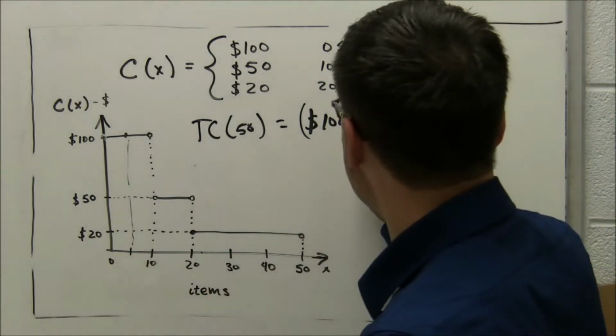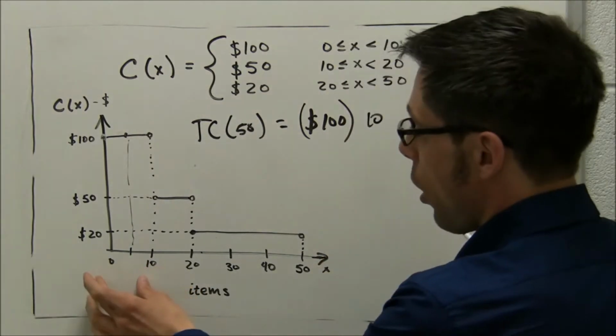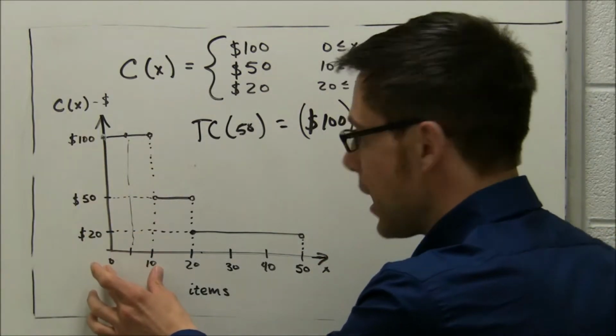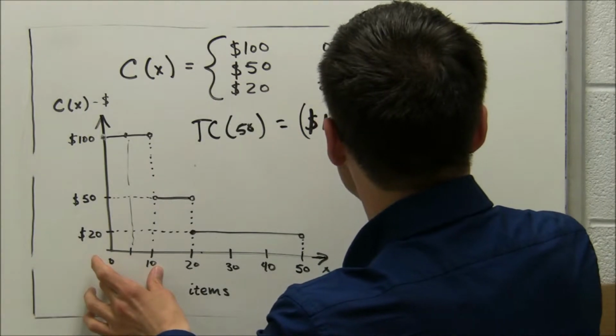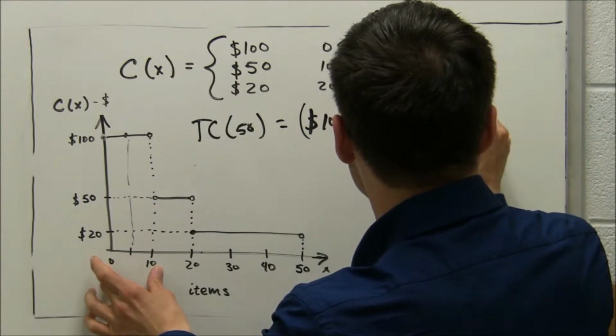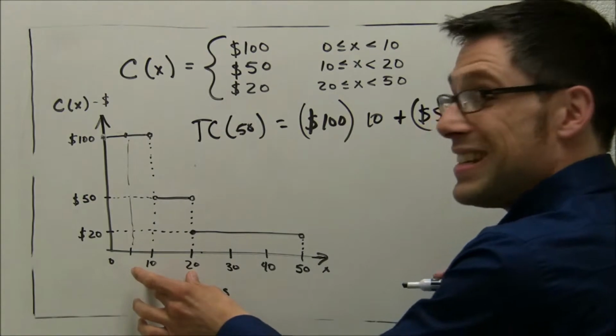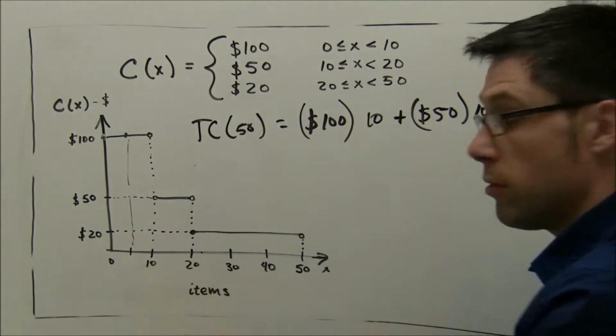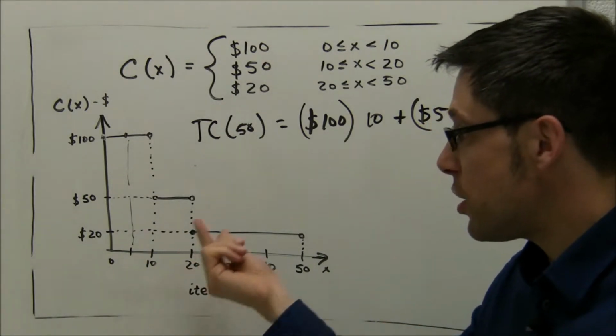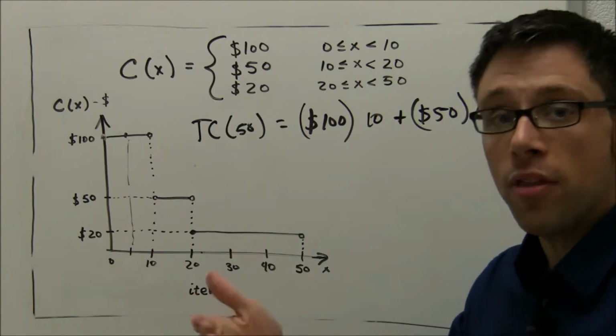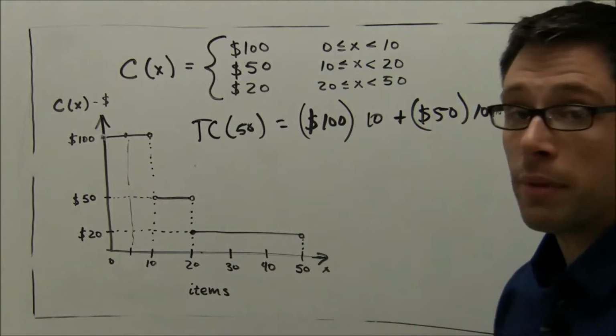That's the total cost of producing the first 10 items. I've got to add that to $50 per item multiplied by the next 10. There's 10 items here, so for the next 10 items, it's going to cost $50 per item. Therefore, I'm taking $50 and multiplying it by 10.